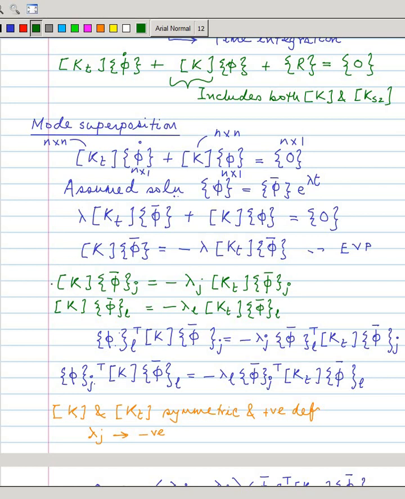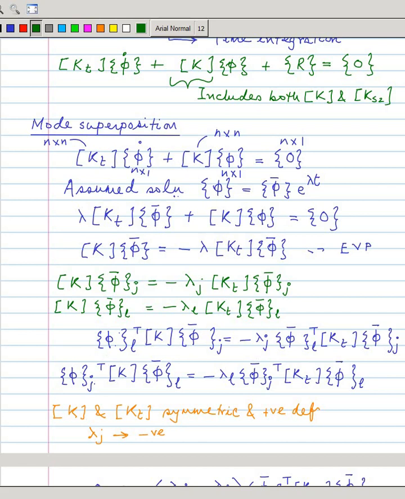So this is what we get. And if phi bar l is the eigenvector, then lambda l is the eigenvalue, and this is what we get. Now suppose you pre-multiply this with phi l transpose and pre-multiply this with phi j transpose.